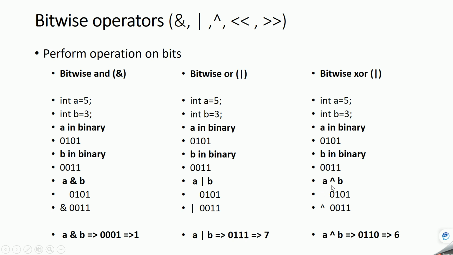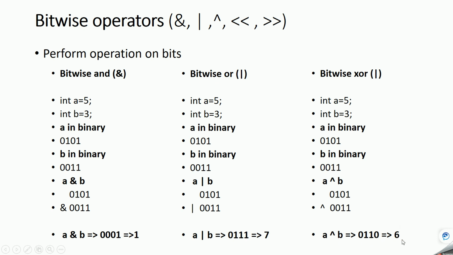If we do the XOR operation, here both bits are the same, so it will be 0. In the second bit both are different, so it will become 1. Here also both are different, so it becomes 1. Here both are the same, so it is 0. So if you perform bitwise XOR in this case, you will get the value 7.